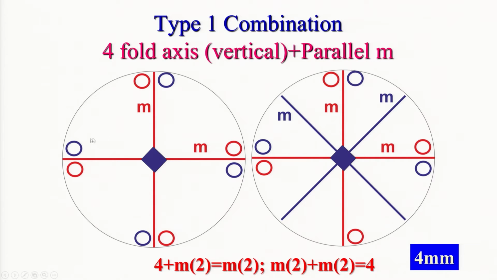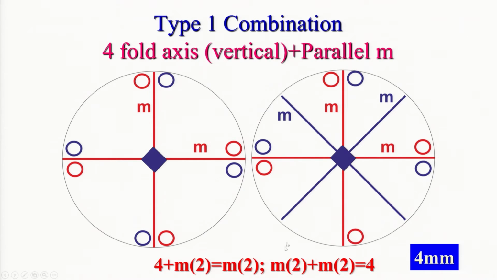Now, immediately you can relate these two motifs and these two motifs by the presence of another mirror plane of this orientation, and these two by another mirror plane of this orientation, which is shown here. So, you now have another set of mirror planes, shown with a blue symbol here, and because these are mirror planes, they are bold lines.